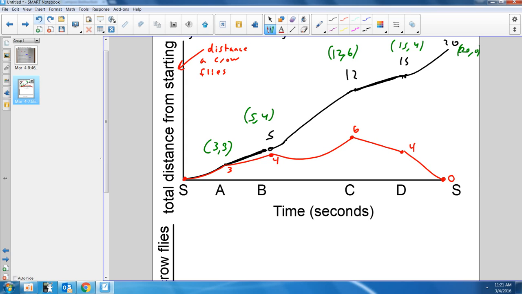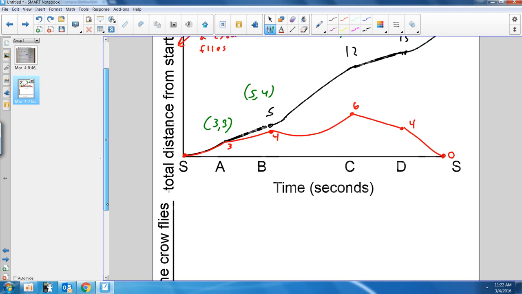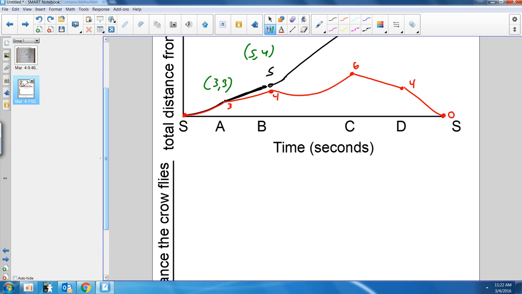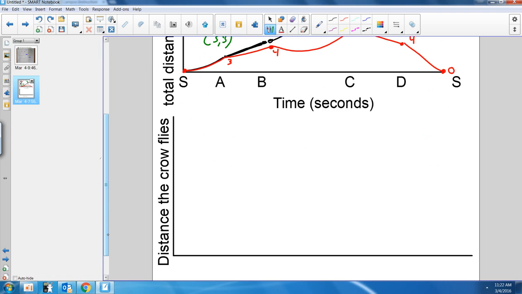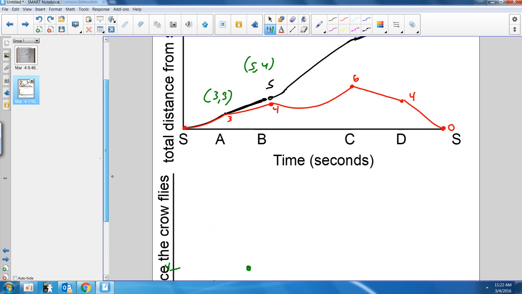And I can take those ordered pairs and put them on my last graph, and that can give me a good indicator in terms of what's going on. So when I do so, it'll be 3, 3. So this is now 3, and I'd have a 3 point here. Then I went and I got 5, 4, so it's going to be 5 and 4. And these are just my numbers.